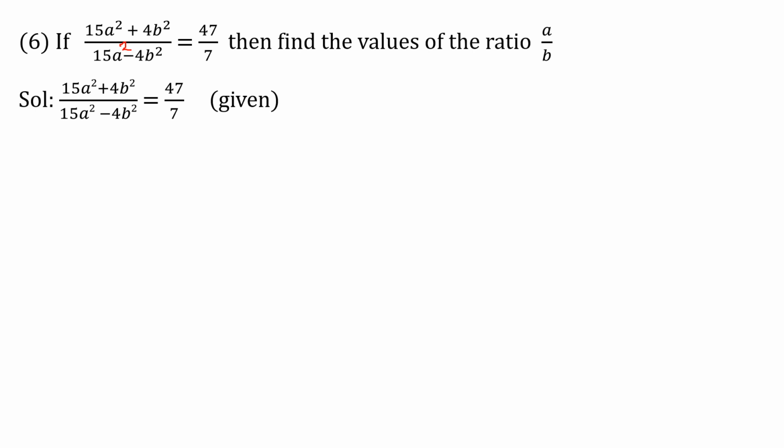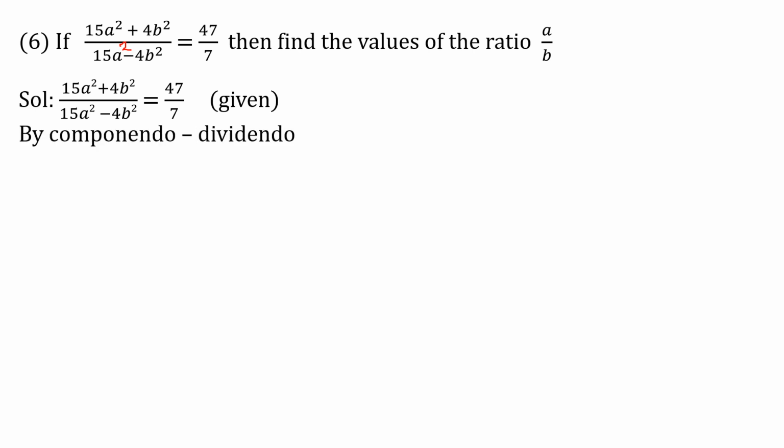Now student, I need a upon b, which means in the denominator I have to remove 4b square, that is the b term, and in the numerator I have to remove 4b square, and in the denominator I have to eliminate my 15a square, which means the variable with a I have to remove. So I'll apply here componendo and dividendo.